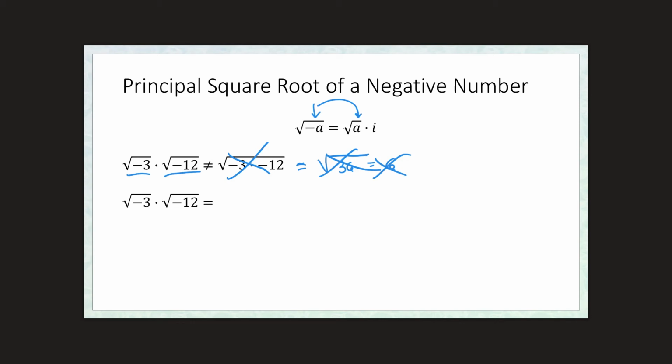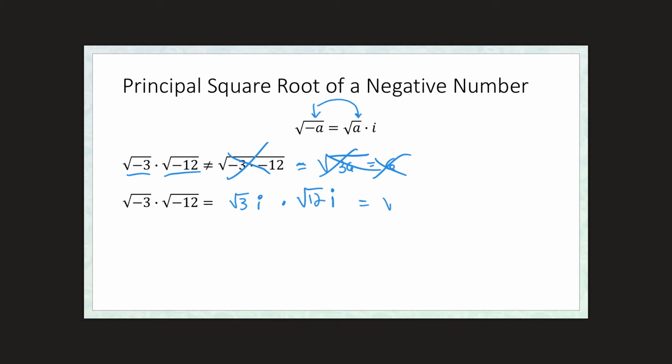Instead, if we have the square root of negative 3 times the square root of negative 12, before we combine those radicals, we must rewrite them without negatives underneath the radical. So I will rewrite that as the square root of 3 times i times the square root of 12 times i. Now I can combine my radicals, but I will also be combining my i's.